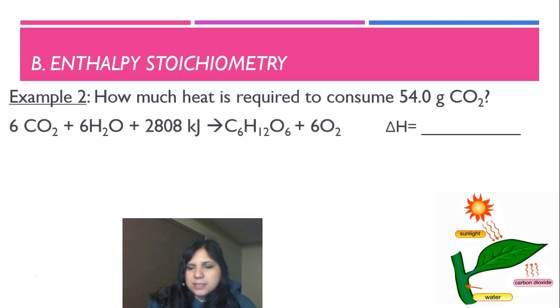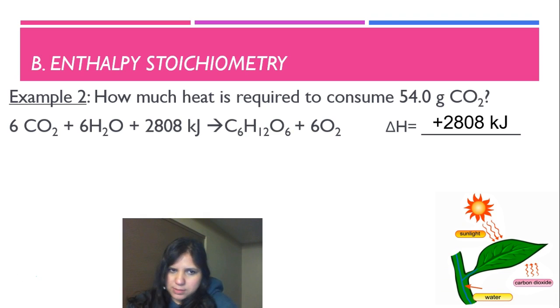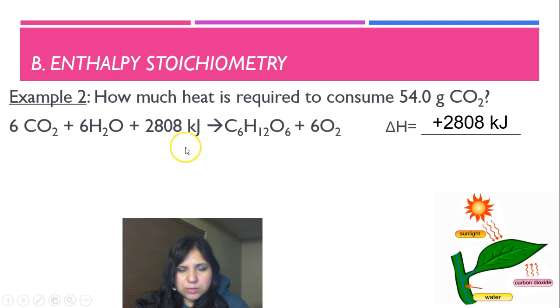And so delta H would be a positive 2808 kilojoules. What that means is that you would need this many kilojoules for every 6 moles of carbon dioxide or 6 moles of water. Or you could even say it in terms of the product side: you would need this many kilojoules to produce 1 mole of glucose or 6 moles of CO2.